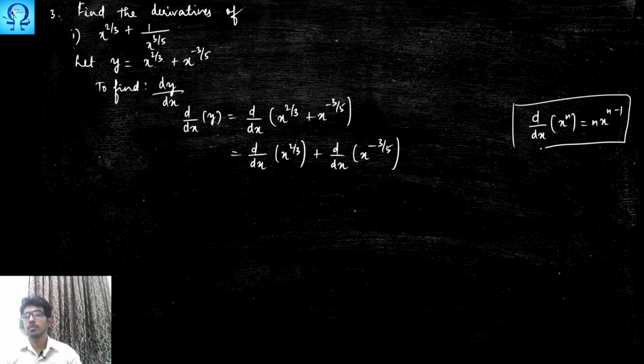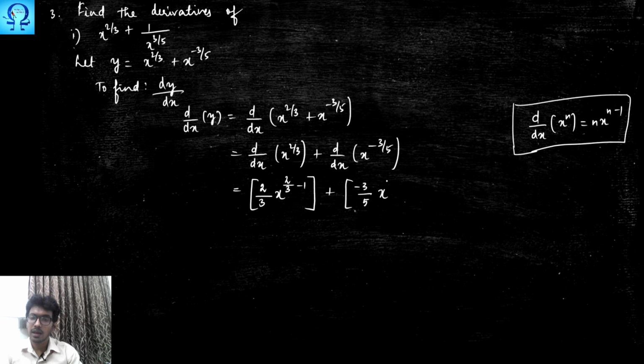This is the only formula that we will have to make use of here, right? Using this, n is 2/3, and x^(n-1) is x^(2/3 - 1). Okay, good. This is our n and x^(n-1). So this is what we have, right?